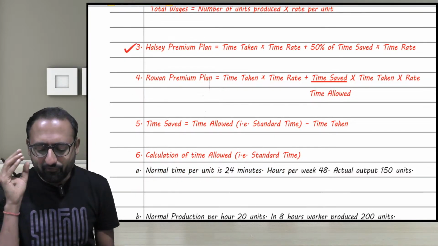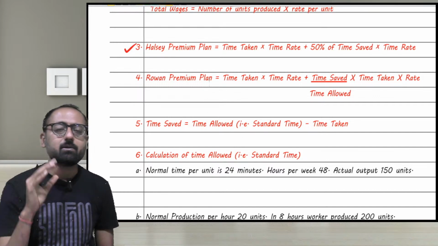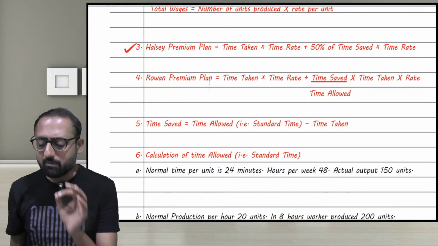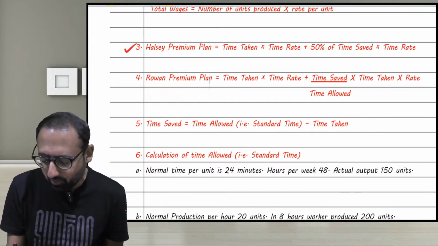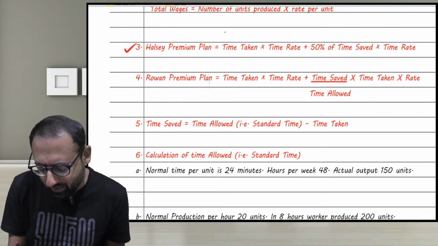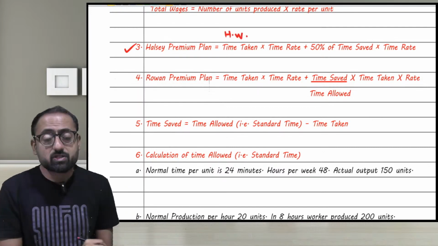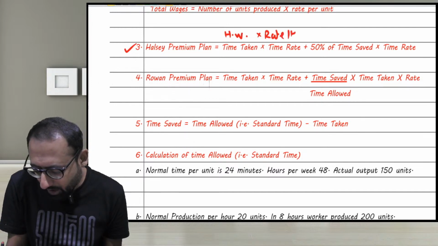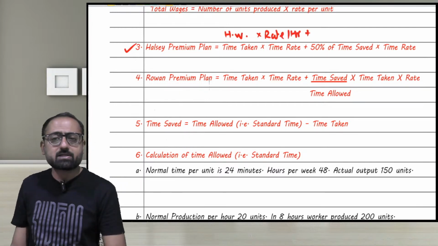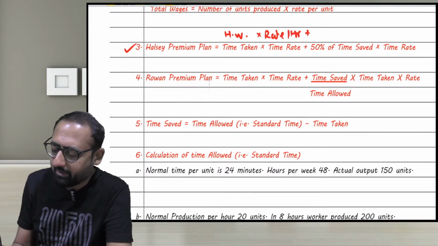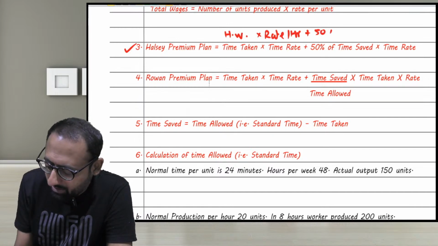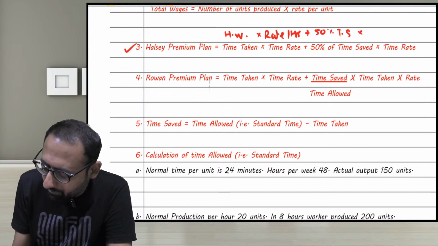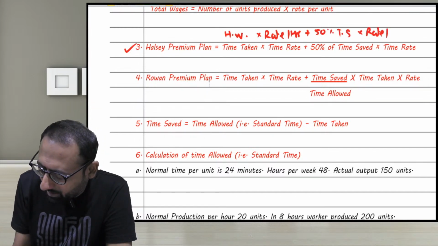Guys, boys and girls, for the Halsey, the formula is very simple. Hours worked multiplied by rate per hour. So time taken can also be written as hours worked. Hours worked multiplied by rate per hour plus 50% of time saved multiplied by rate per hour.